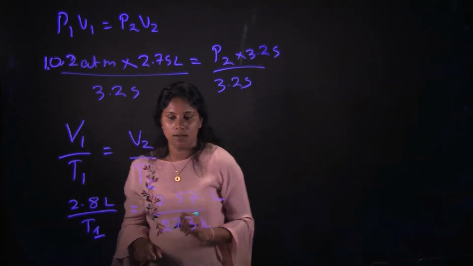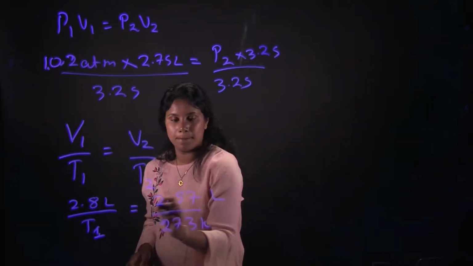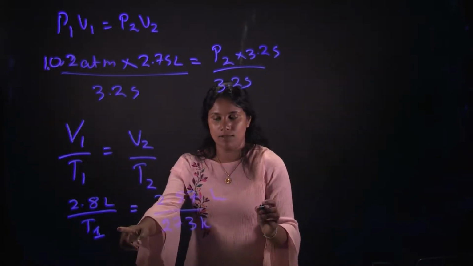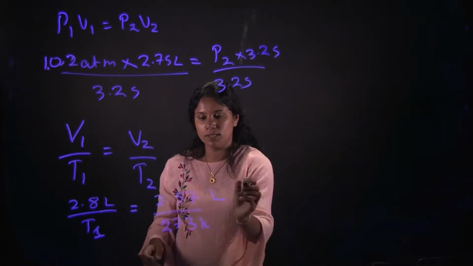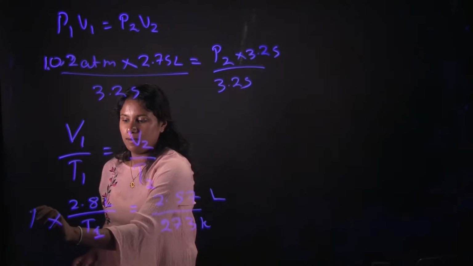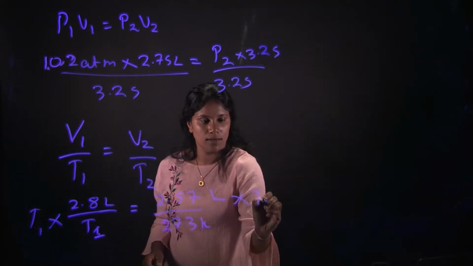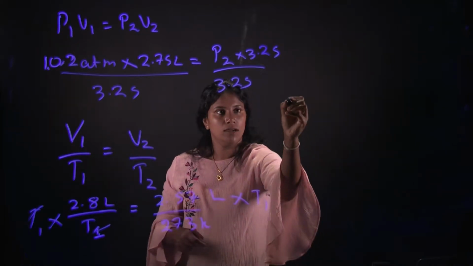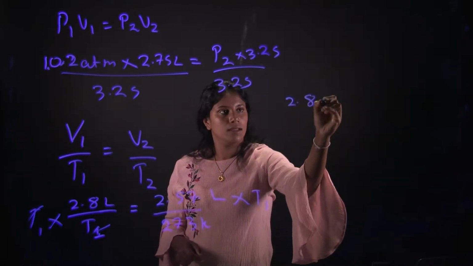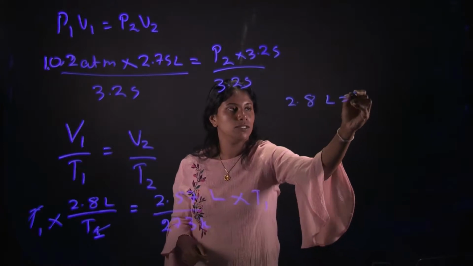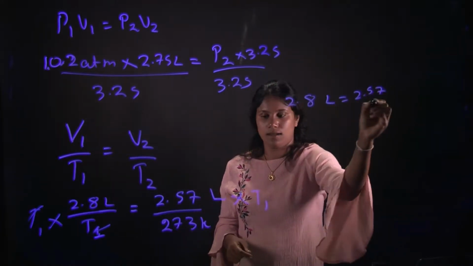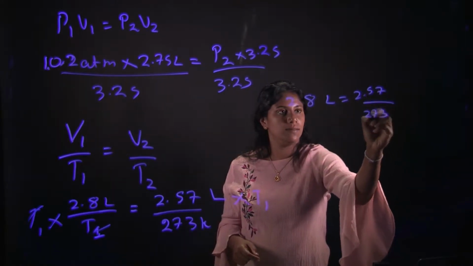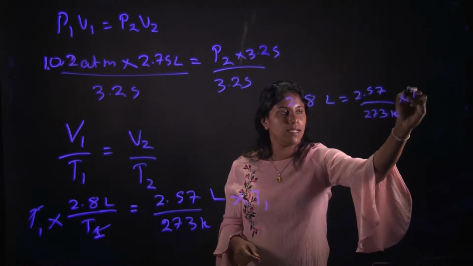Then you rearrange the equation to isolate T1. You multiply both sides by T1, and then you have 2.8 liters equals 2.57 divided by 273 Kelvin, multiplied by T1.